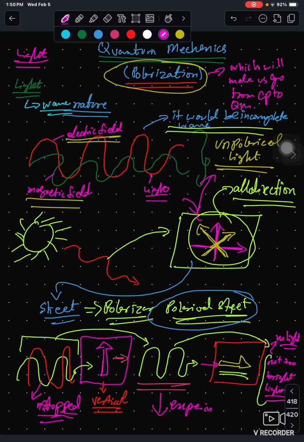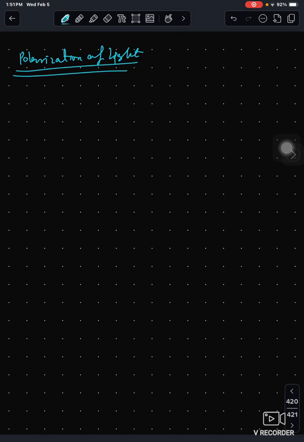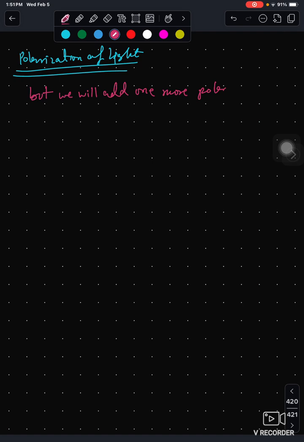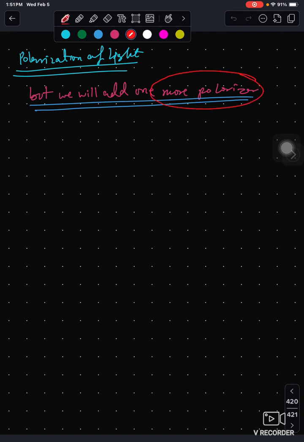What's special about this experiment is that we will be doing polarization of light, but we will add one more polarizer. What's so special about adding this one more polarizer?